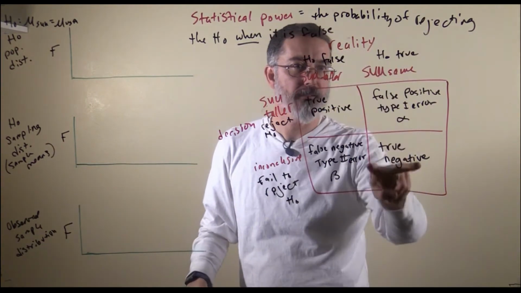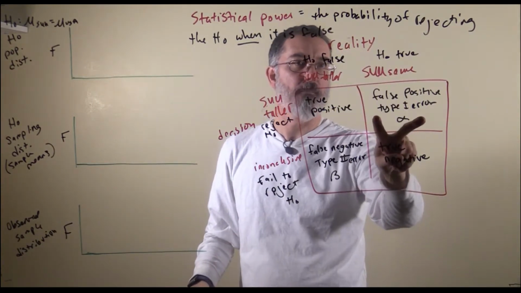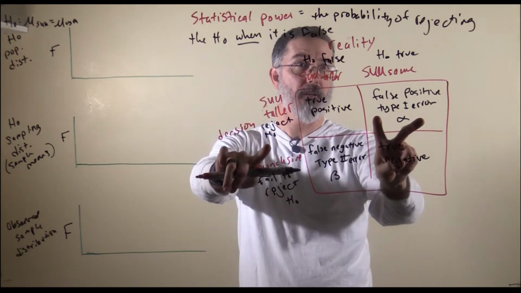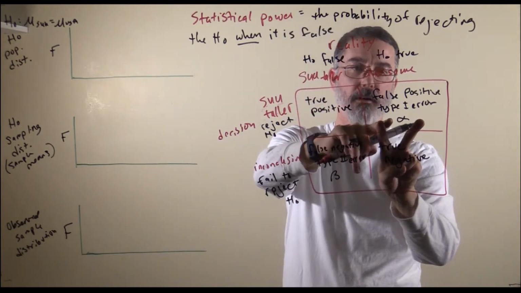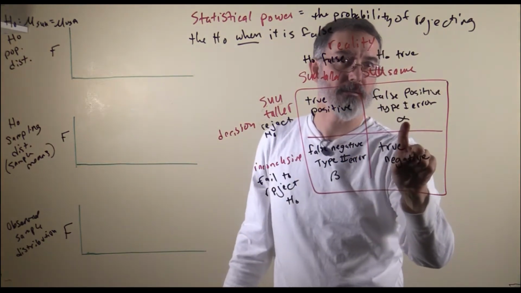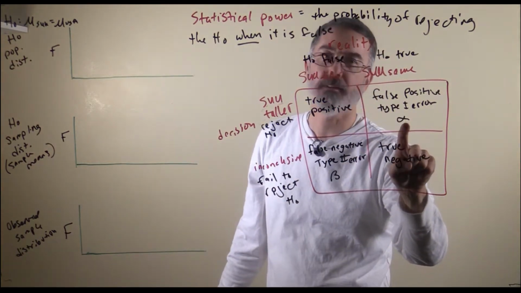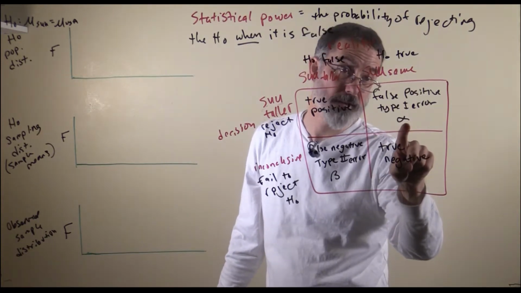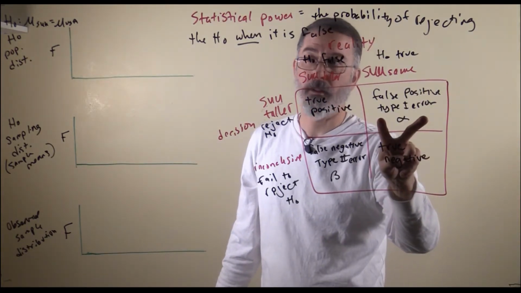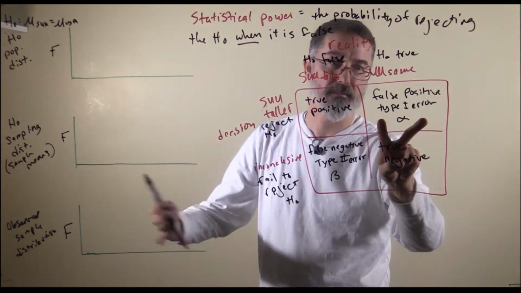And if the null hypothesis is true, recall, we can reject the null hypothesis when we shouldn't have, and that is a type 1 error. Alpha is the rate at which that happens. Remember, we usually set alpha at 0.05, so that when the null hypothesis is true, only 5% of the time do we reject the null hypothesis, and that happens because of sampling error.